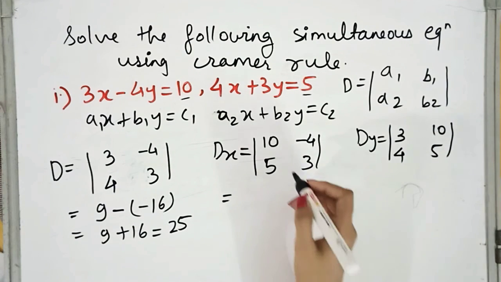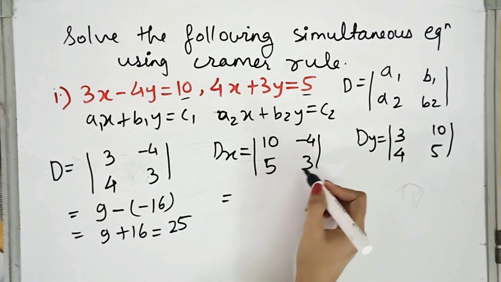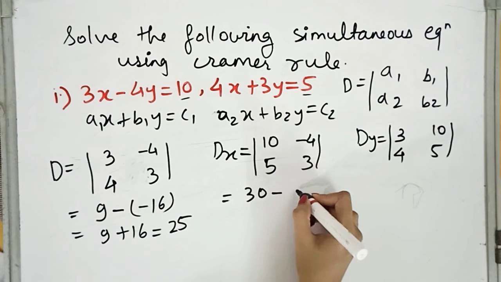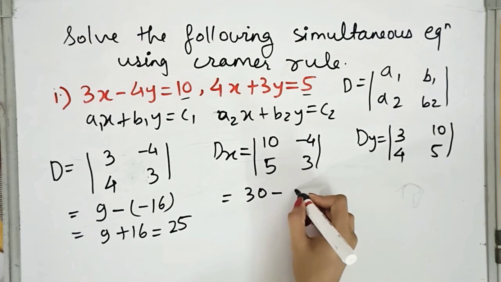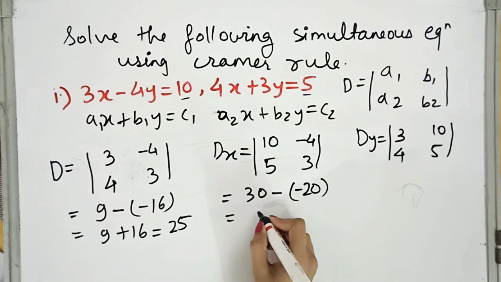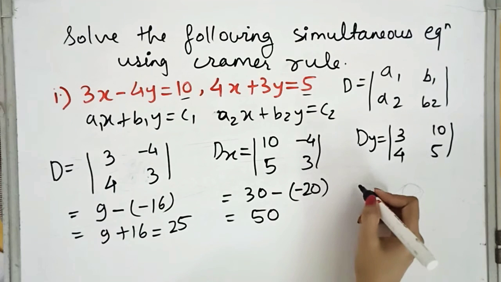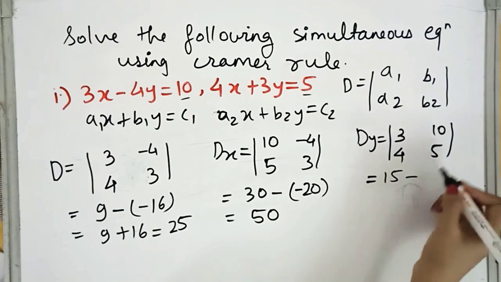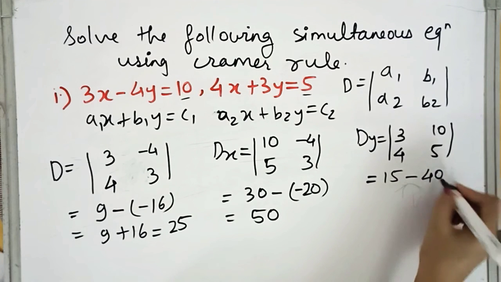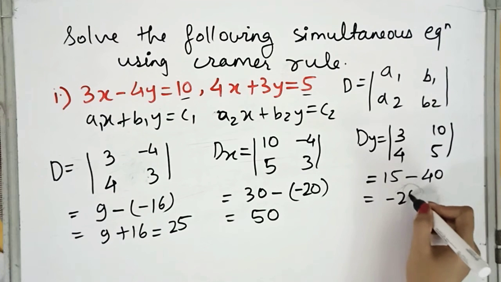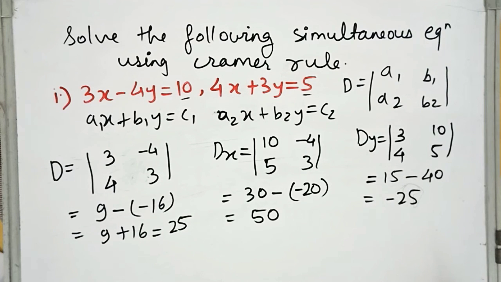Now solving the determinants, Dx will be 10 into 3, 30, minus 4 into 5, which is minus 20. Minus minus will be plus, so 30 plus 20 will be 50. Now Dy is 3 5s are 15, minus 10 4s are 40. 15 minus 40 is minus 25.